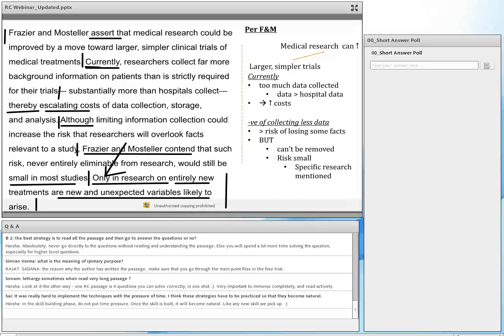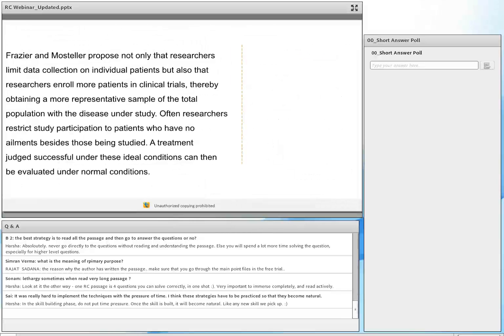So with that exception in mind, for every other kind of research, that risk is fairly minimal. So what he really says is the author is explaining the benefits of simpler trials as per FNM, and the author seems to agree with it because there are certain points that he adds to it. All right. Then let's move towards this.